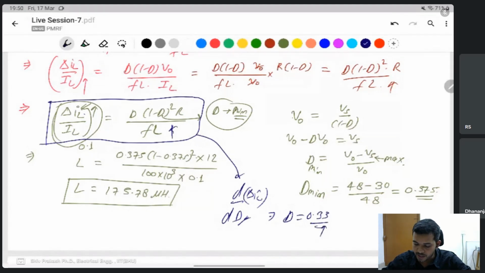But in this converter 0.33 is not possible, because the minimum duty ratio is 0.375 to maintain the output voltage 48 volt. Mathematically 0.33 is the duty ratio for the delta IL maximum, but in this converter, to maintain the 48 volt, the minimum duty ratio is 0.375, so take 0.375, not 0.33.